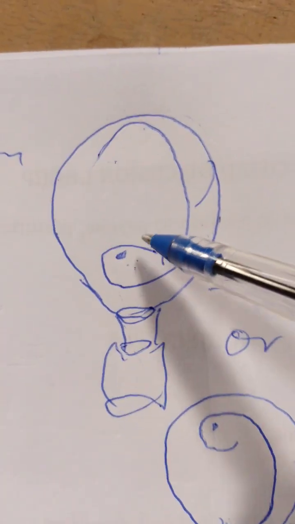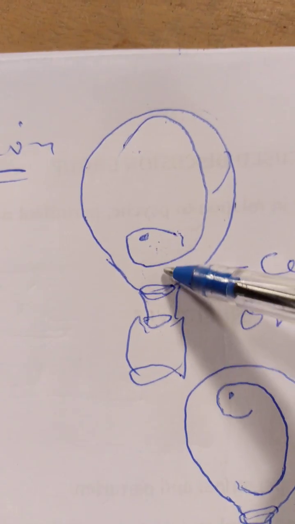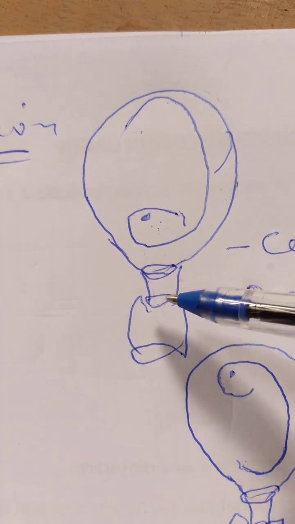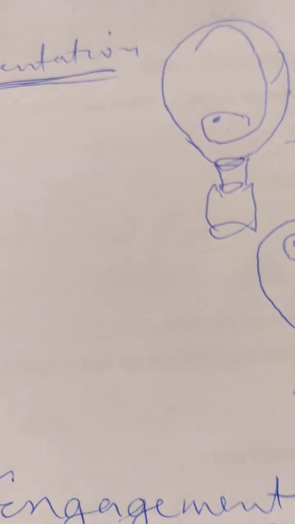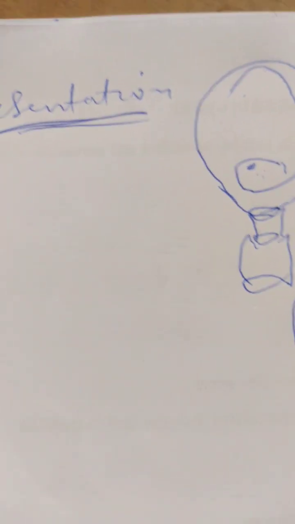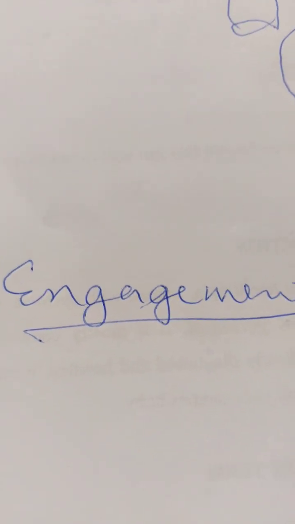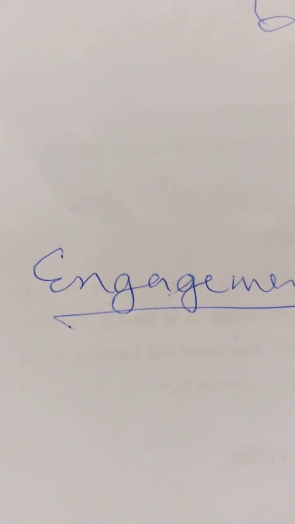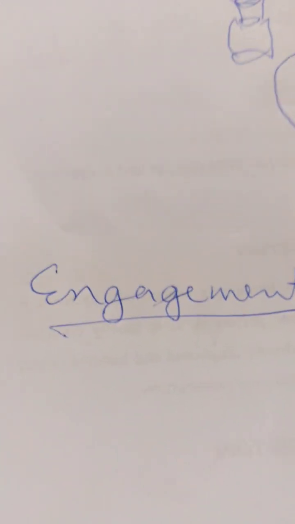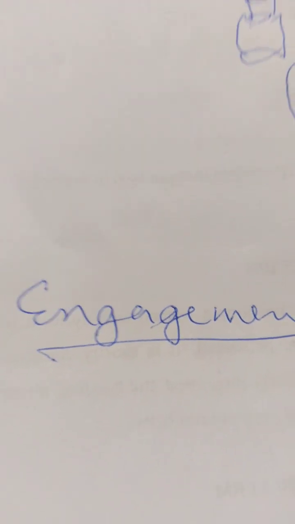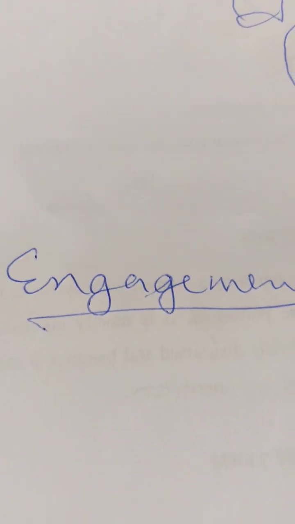But in a case like this one, we saw the presentation here, the head of the baby is still free, has not yet entered into the pelvic cavity. If you palpate the abdomen, you will feel the head that is hard, round, and movable. You can tap it and it ballots. But in the case of engagement, the presenting part is not ballotting. It is fixed to tell you that the largest diameter of the presenting part has descended into the pelvic cavity through the brim. Okay, that is engagement.